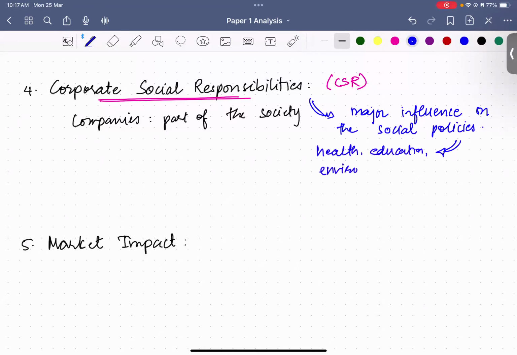Thirdly, we know that the private sector is more closer to the market. Okay. So anything that happens first in the market is being observed by the private sector first. Okay. And then that particular issue will get derived into the public issue.